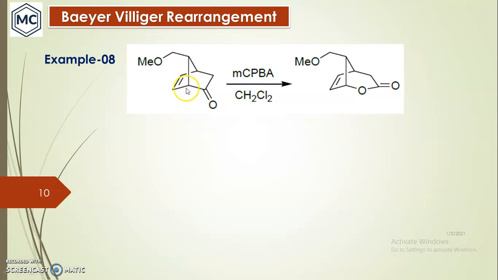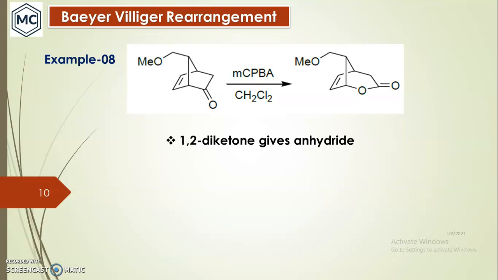And one more example, you have a carbonyl here, and the oxygen gets inserted here, and you can see that this MCPBA peroxy acid doesn't react with this alkene, and it only gets inserted here in this particular system, not at this carbon atom, because this is tertiary and this is secondary.